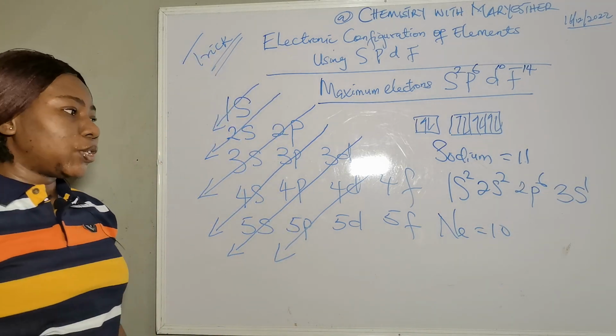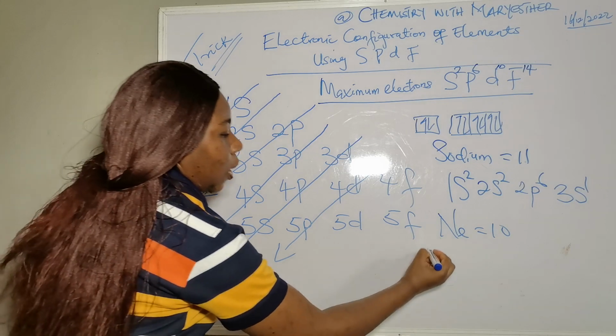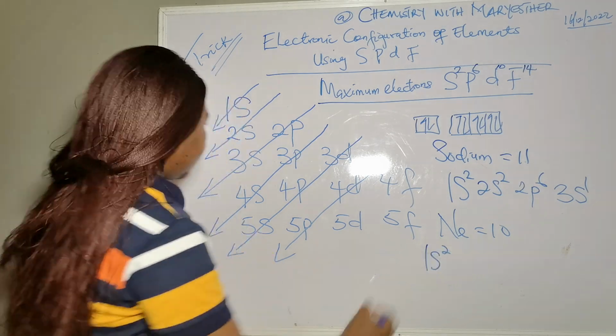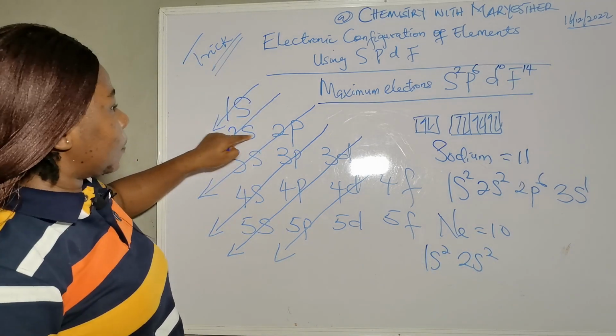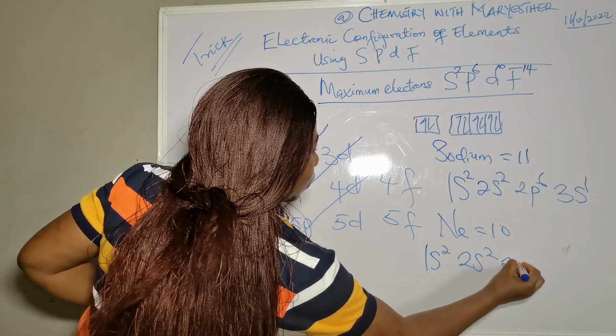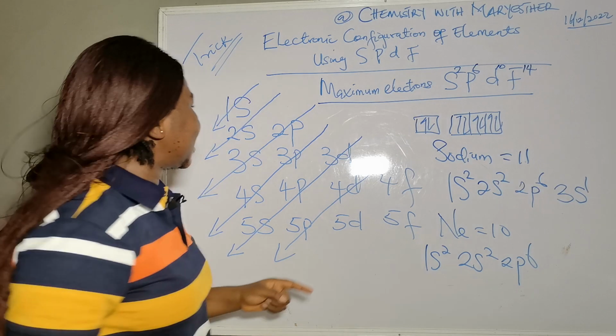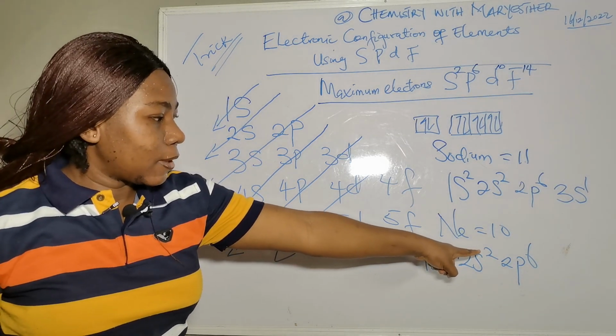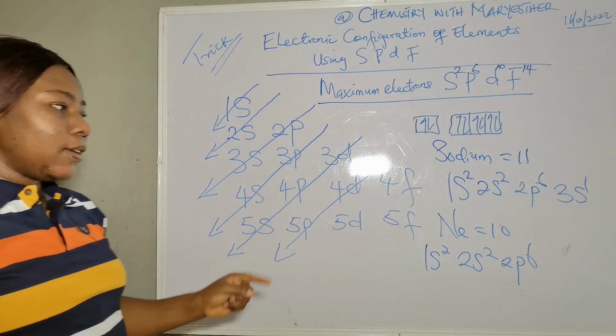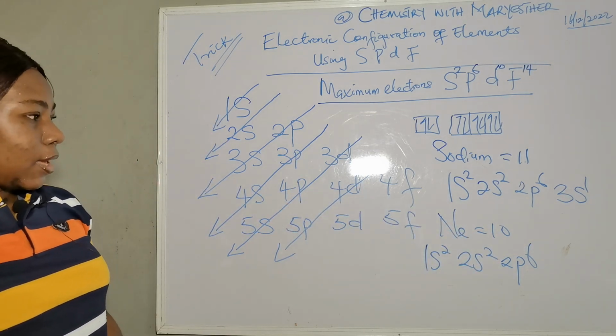Show the electronic configuration. You try out. 1s2, 2s2, 2p6. 2 plus 2, 4. 4 plus 6, 10. So it is very correct.